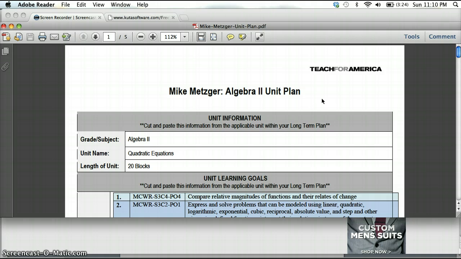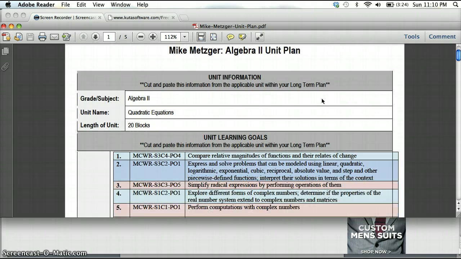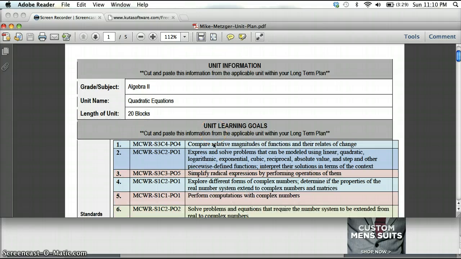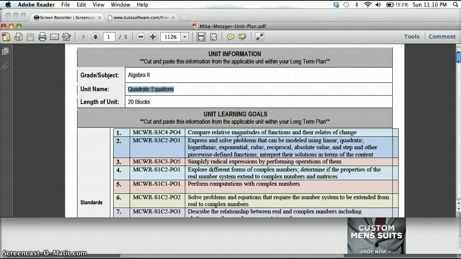So, the first thing that you want to do with your unit plan is figure out what is the unit that I'm going to be planning. Mike is going to be planning for Algebra 2, and specifically for quadratic equations. That's his first unit. So he needs to break the quadratic equation into unit goals.